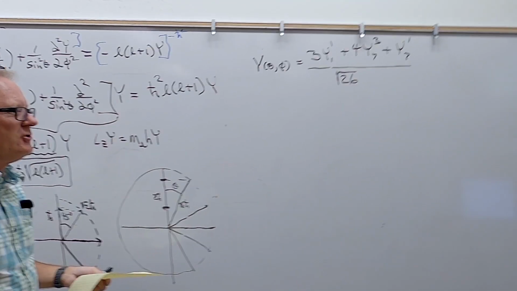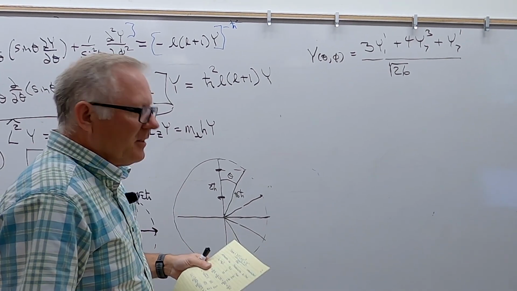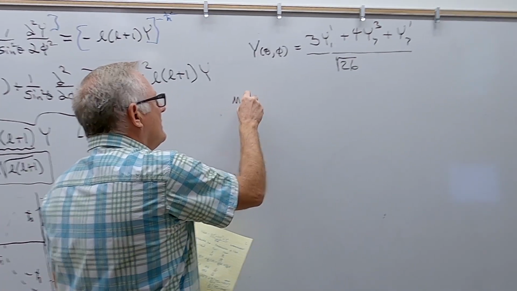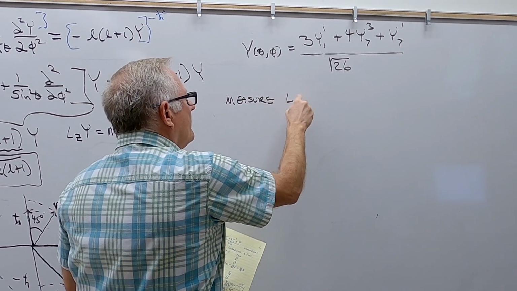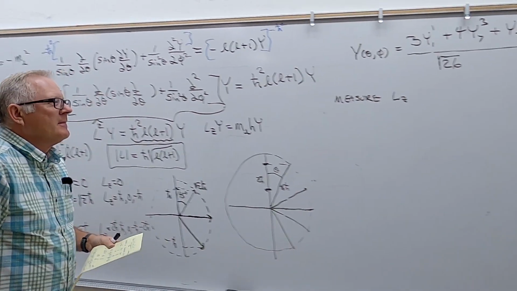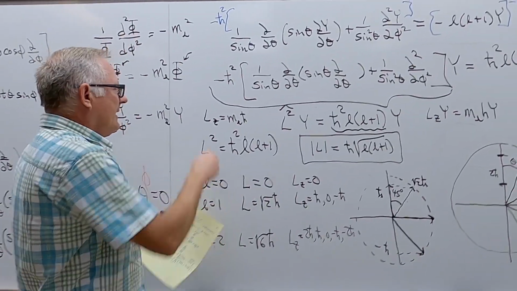Suppose you were to measure L sub z on this system. What are the possible values you could get? Well, L sub z is right here.